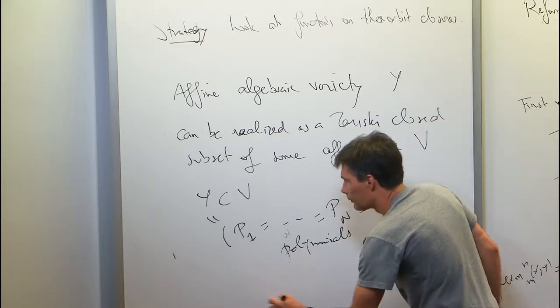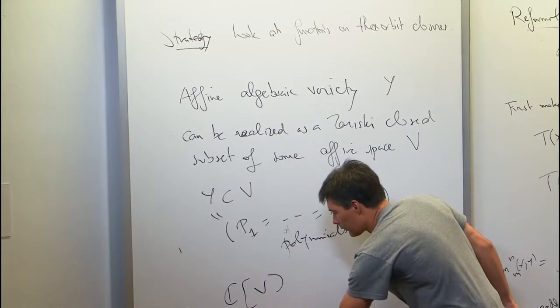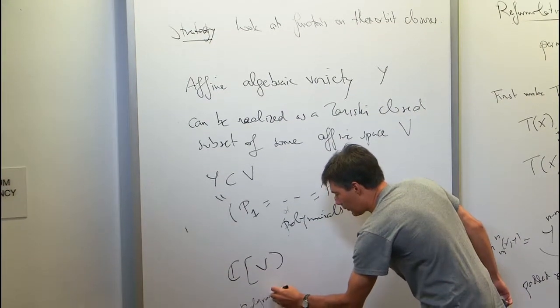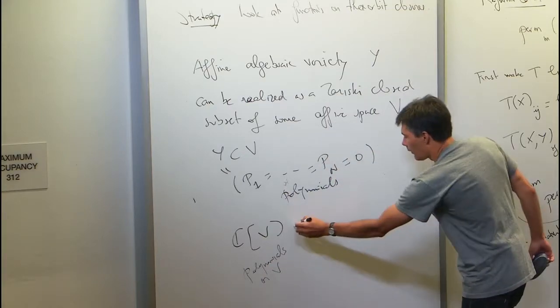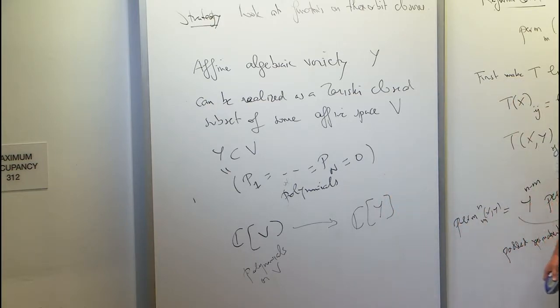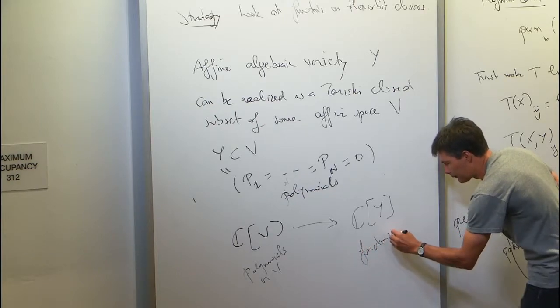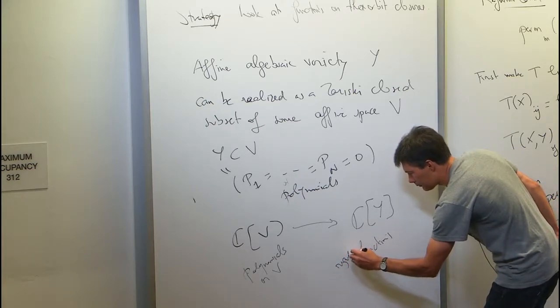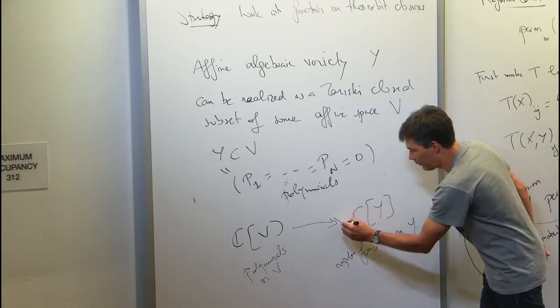What you can look at is the space of polynomials, with complex coefficients, on V. And we can restrict them to functions called regular functions on Y. So this is a surjective map.